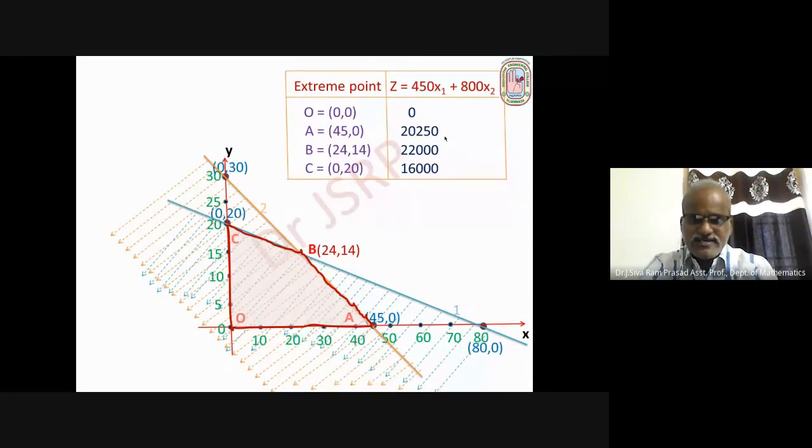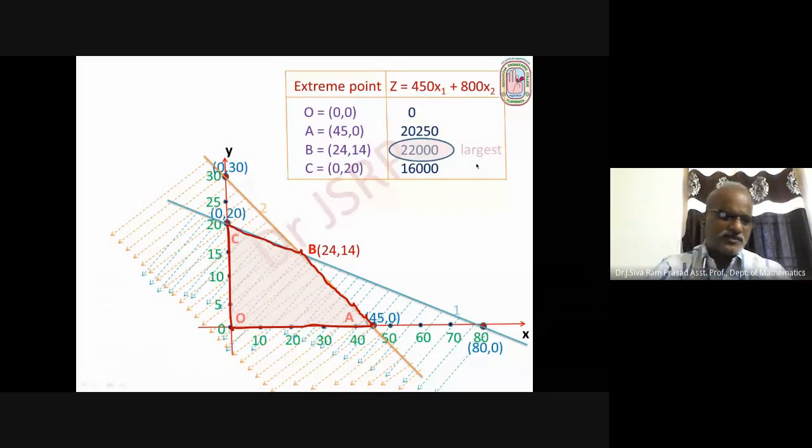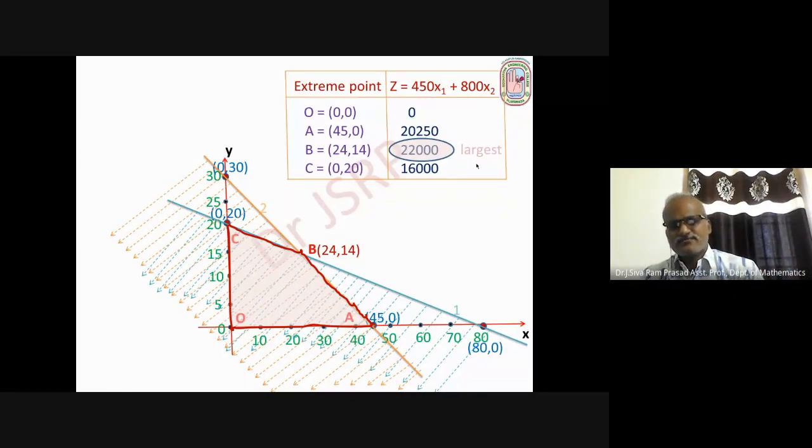Here the objective function is max Z, so we consider the largest value. Among these, the largest value is 22,000. So we consider the largest value in a maximization problem, and the smallest value in a minimization problem.